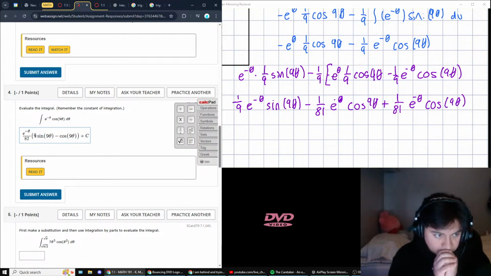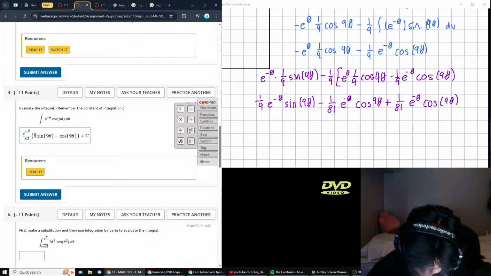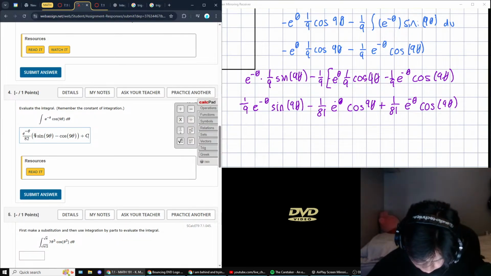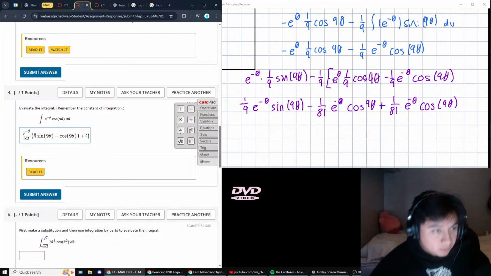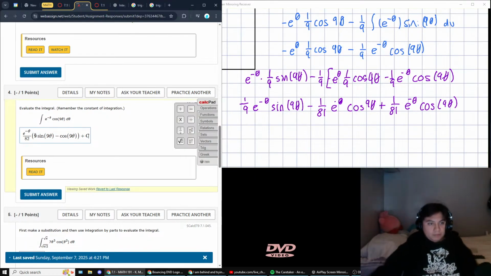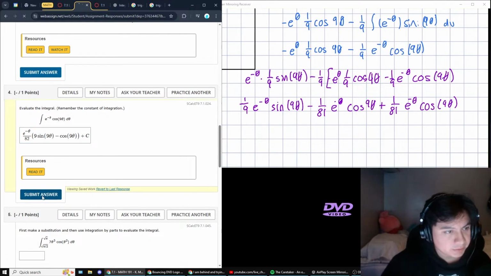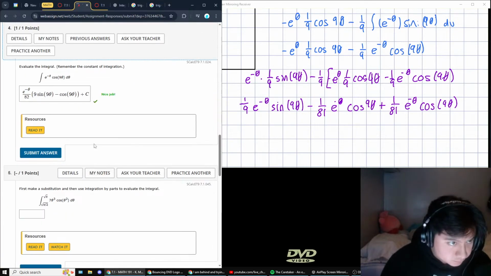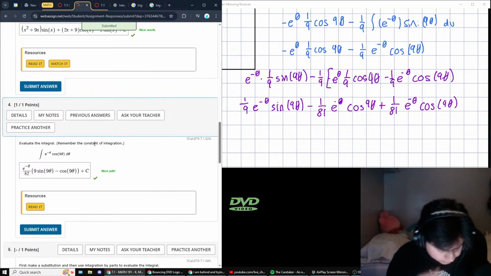Wait, 9 minus. Where are they getting that from, though? I mean, it could just be wrong. Oh, that's not wrong. Okay, so what are they doing?